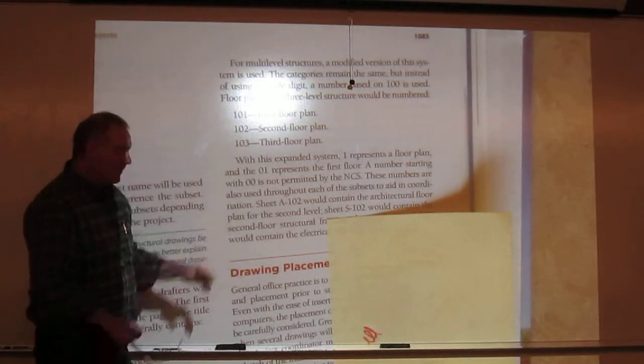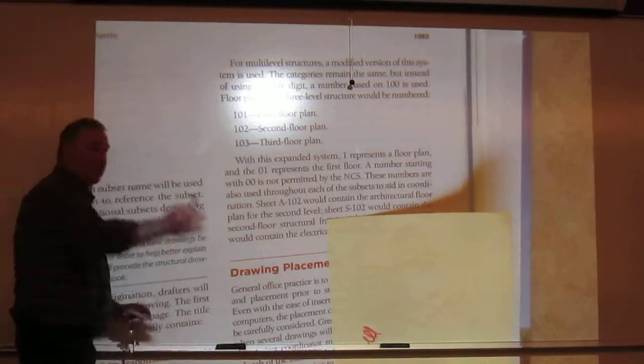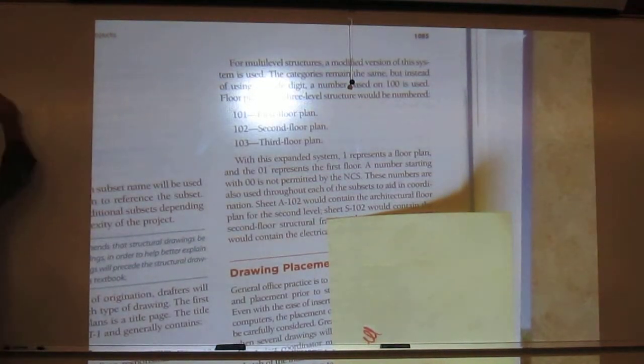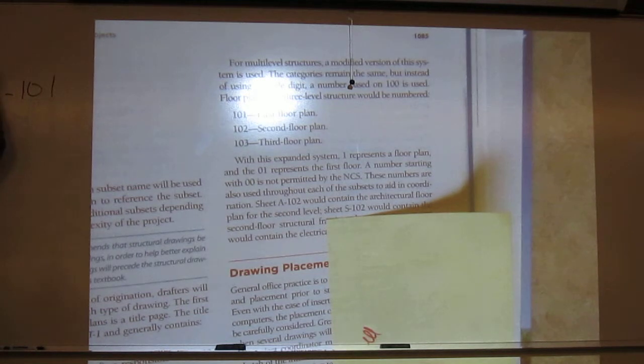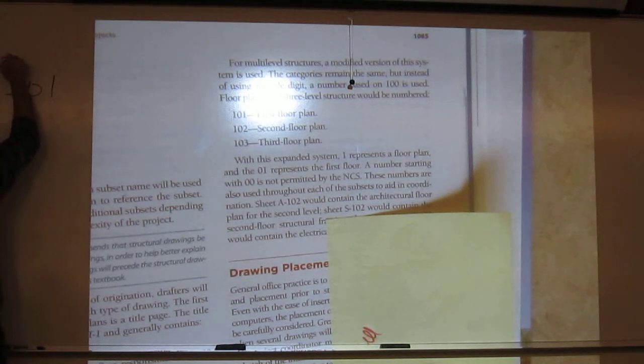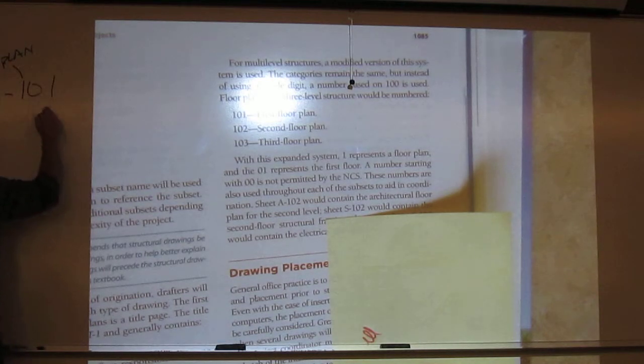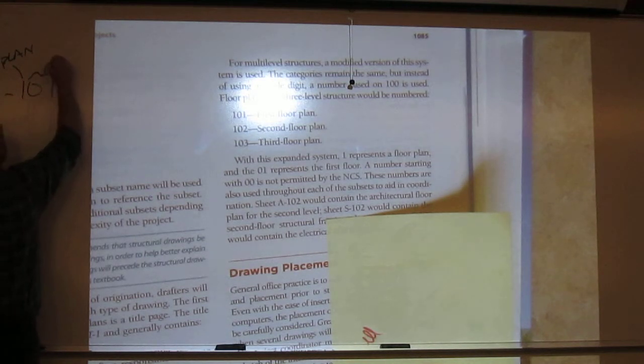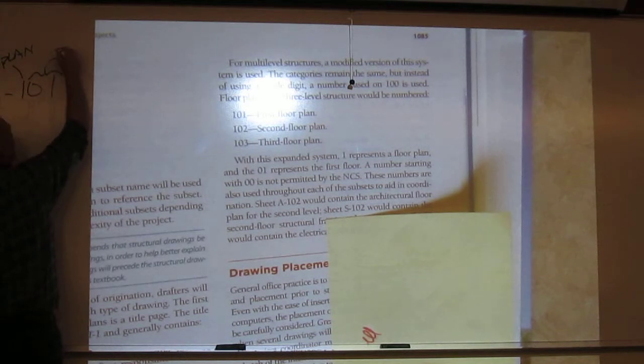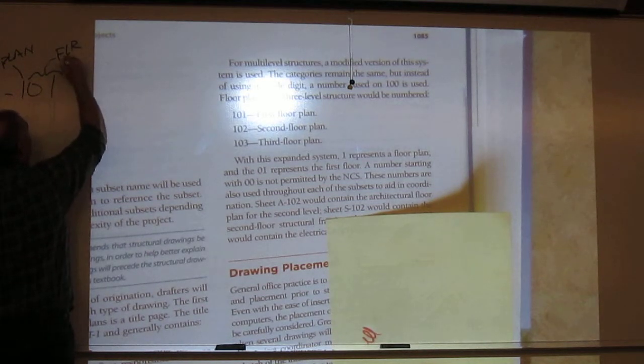So especially if you jump into that drawing set and look for drawing A-101, this is telling you it's architectural in nature. The 1 tells you that it's a plan view. And the 01 is telling you that it is a floor plan of the first floor.